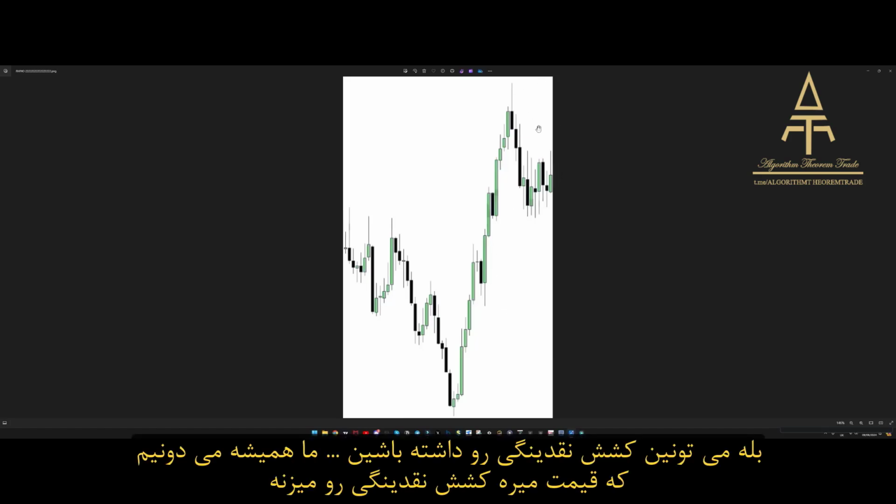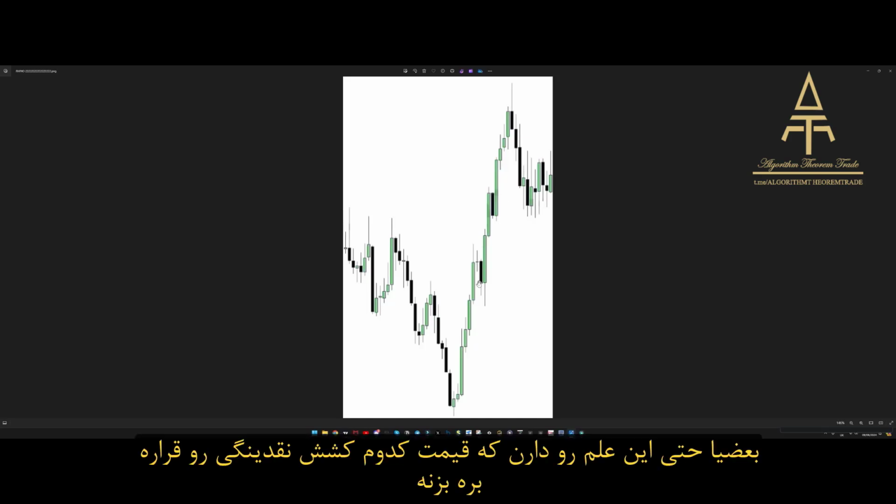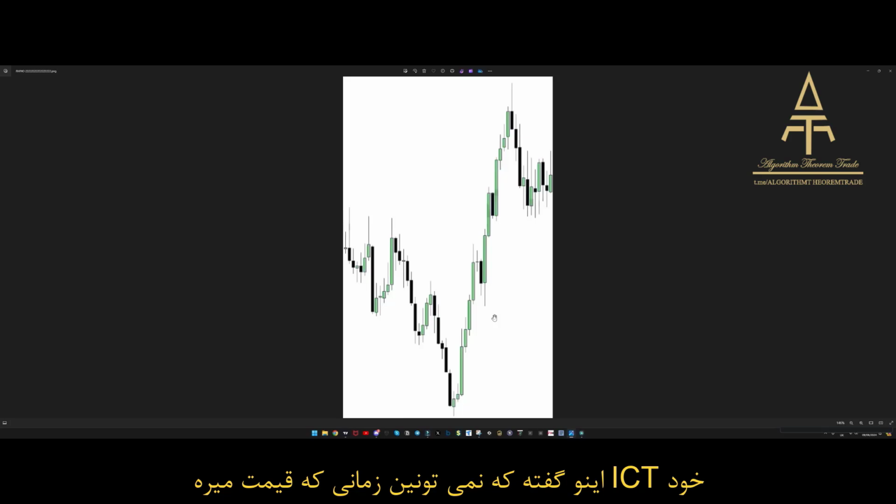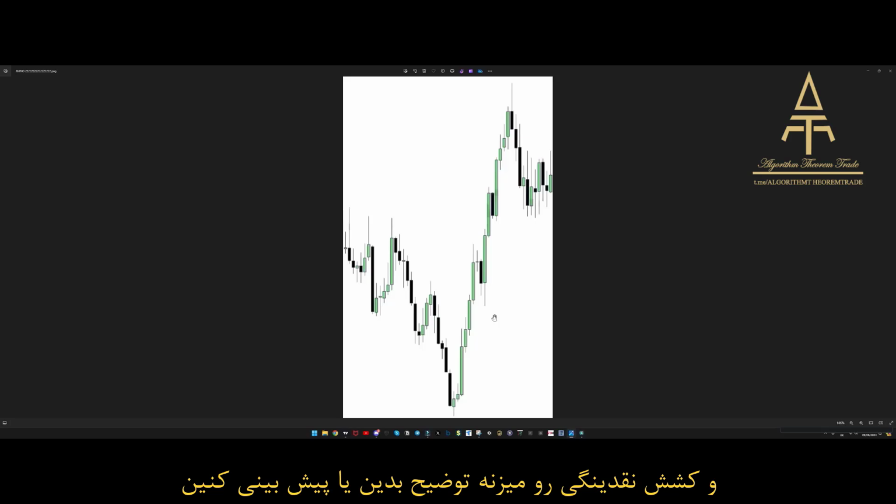Yes, you can have your draw on liquidity. We always know the draw on liquidity is going to get hit. Some of us are at that level where we know which draws are going to get hit. But the point that I'm trying to say is, it doesn't mean that it's going to hit in that session, or on that day. Nobody knows that. ICT's already said you can't foresee a time when the draw on liquidity will get hit.